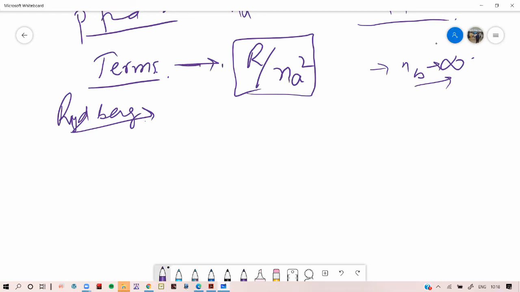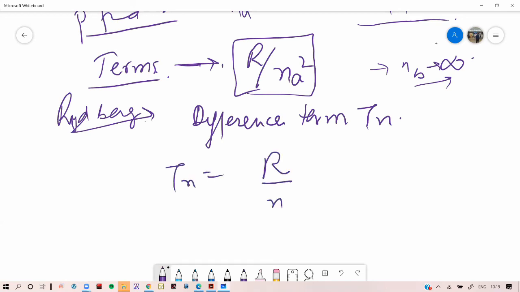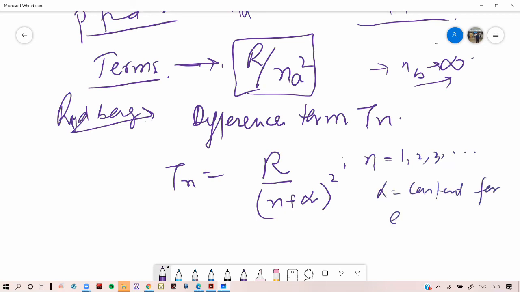And for other elements with higher Z, generally for alkalis, the frequency of the spectrum which we observe can theoretically be represented by the difference of terms. Tn is R by n plus alpha squared. It is not infinity, it is alpha, where n is 1, 2, 3, and alpha is a constant for each particular series.